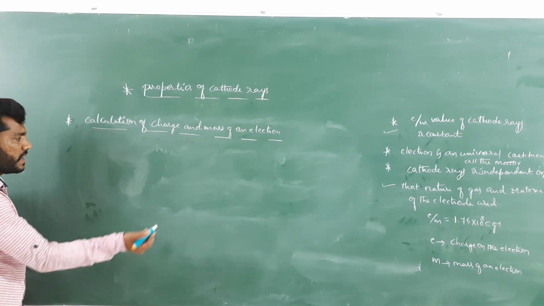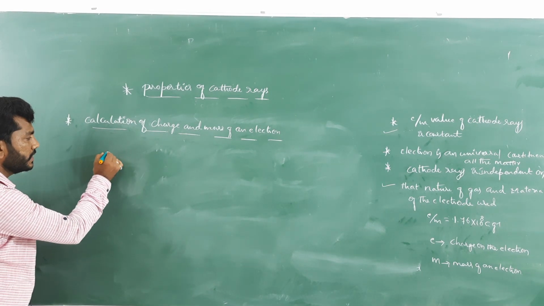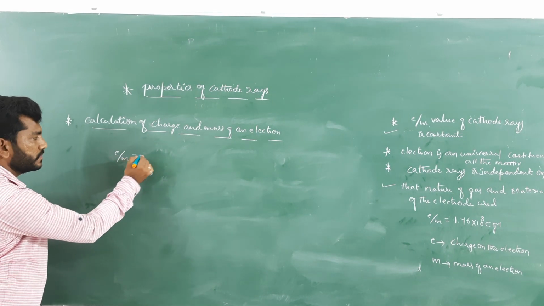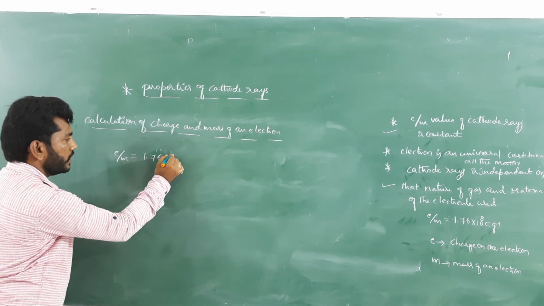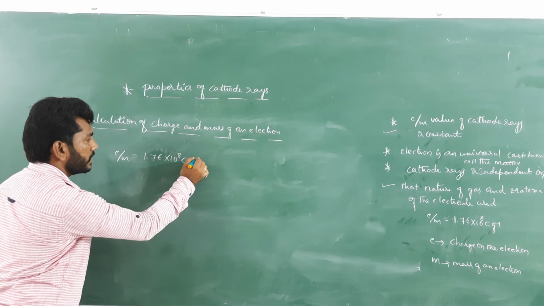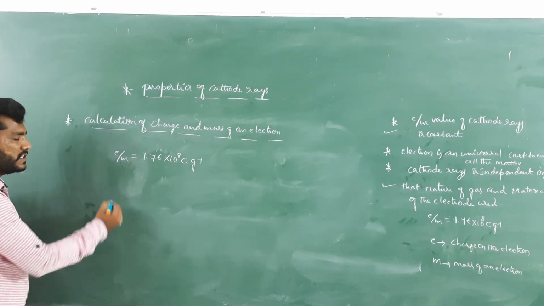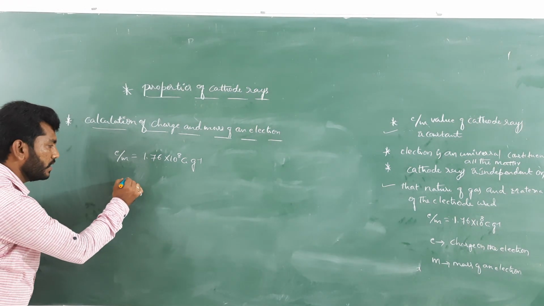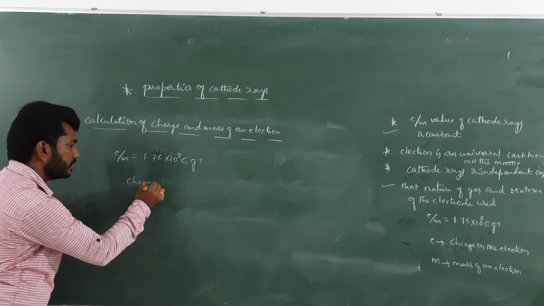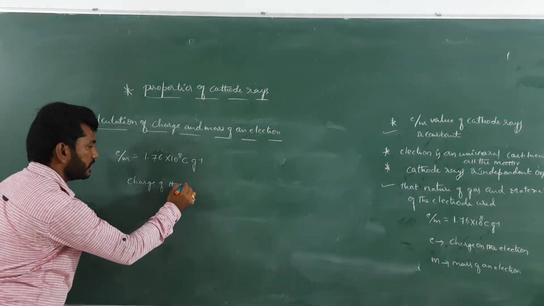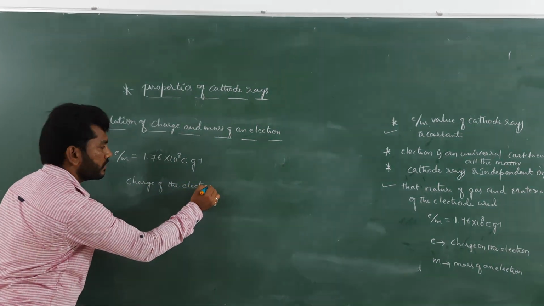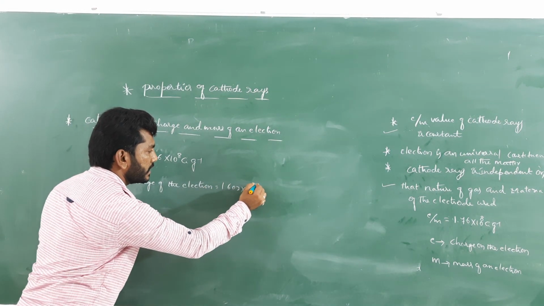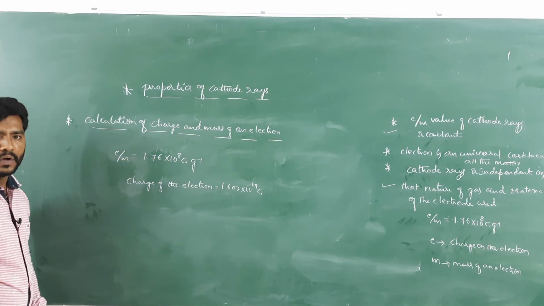First, the e/m value of the electron we already know: 1.76 × 10^8 coulomb per gram. To calculate the mass of the electron, we actually know the charge of the electron, which equals 1.602 × 10^-19 coulomb.